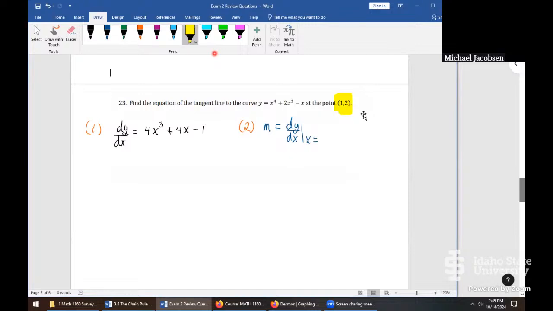Is it the x or the y value? It definitely comes from the point, but does anyone see what value we need to use? Good call, Peach. We're always using the first coordinate. Grab that value, 1.